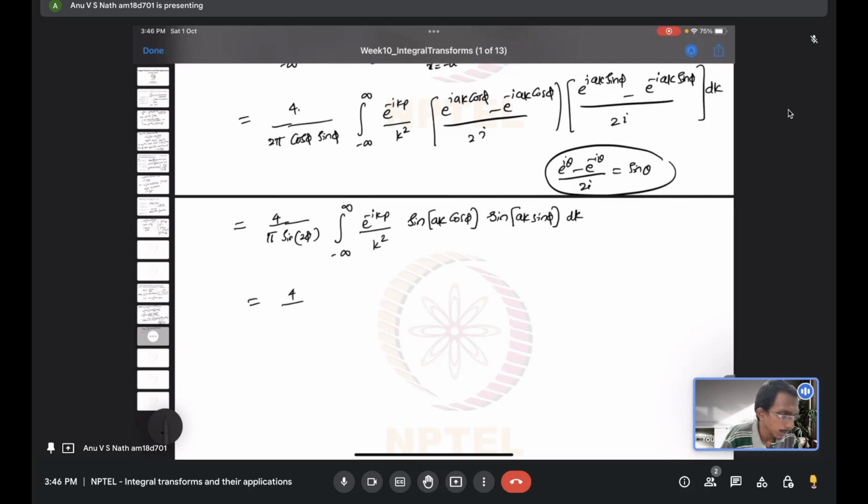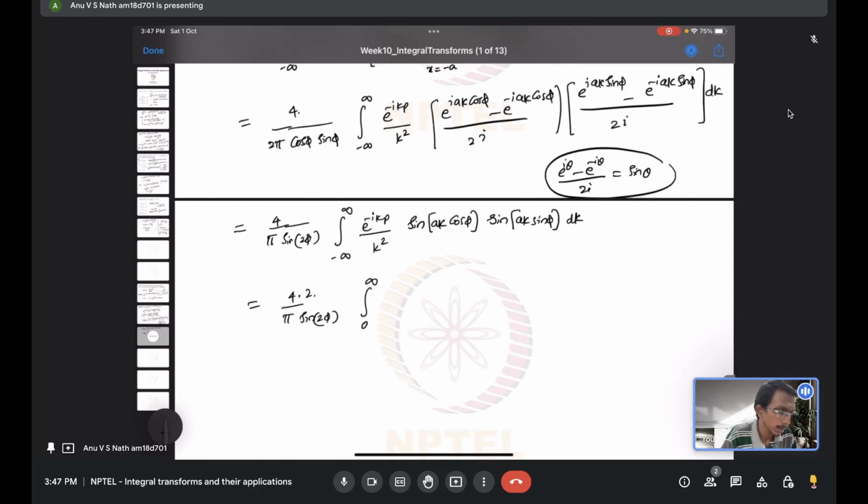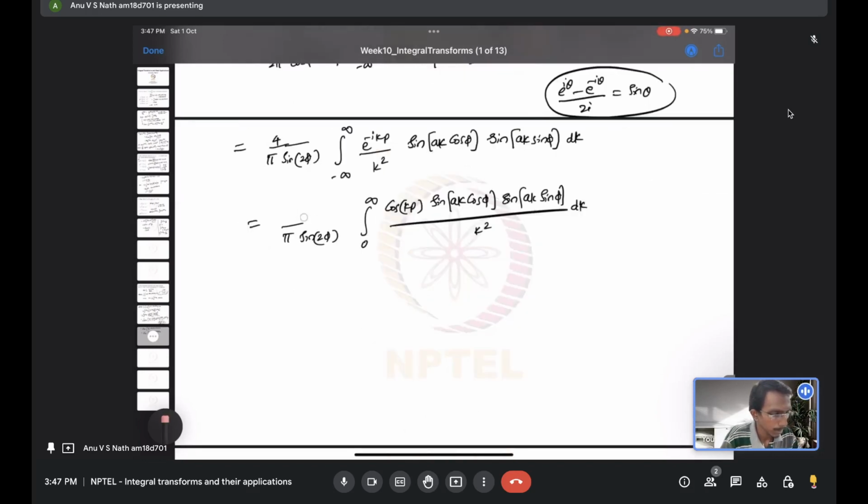So it's 4 by pi sine 2 phi, and since it is an even integral we can split it into 2 times the integral from 0 to infinity. So it's cos kp, sine of ak cos phi, then sine of ak sine phi, by k square dk. So this 4 into 2 we can combine to 8.